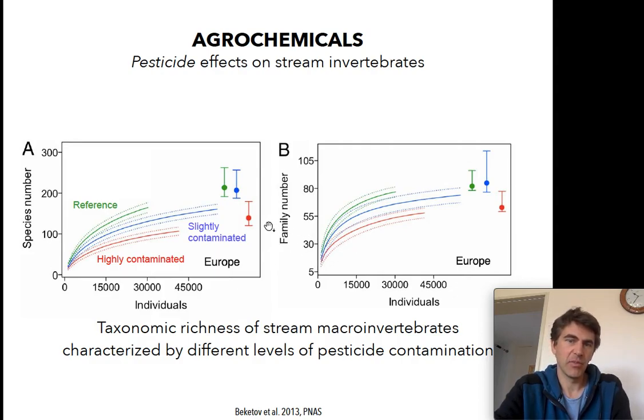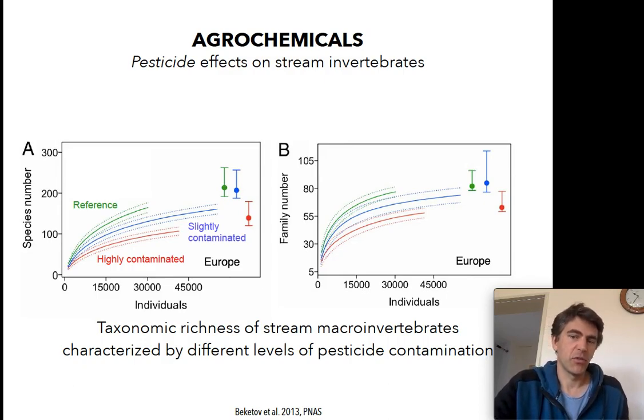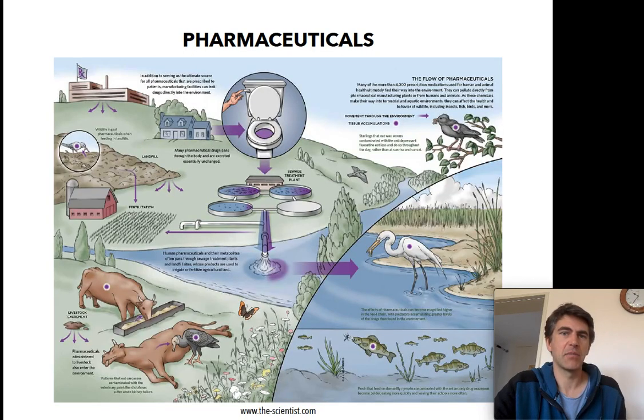You can see a similar thing here for the species number as for the family number. So with pesticides, we have a similar kind of story with different mechanisms, of course, than for fertilizers. Both kinds of agrochemicals, artificial fertilizers and pesticides, are very harmful.